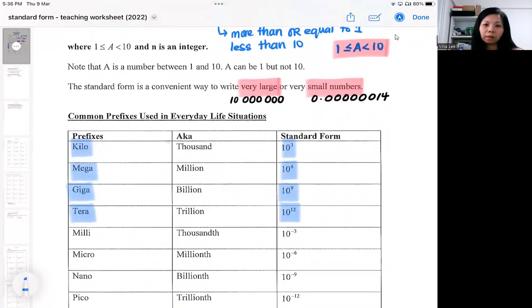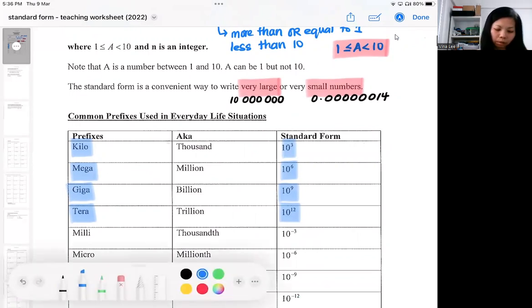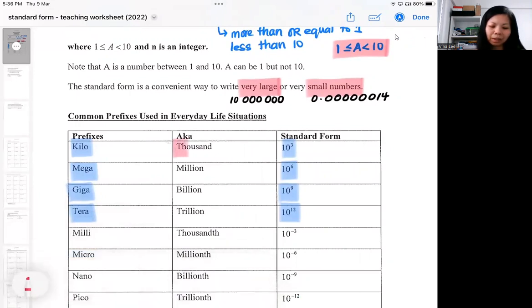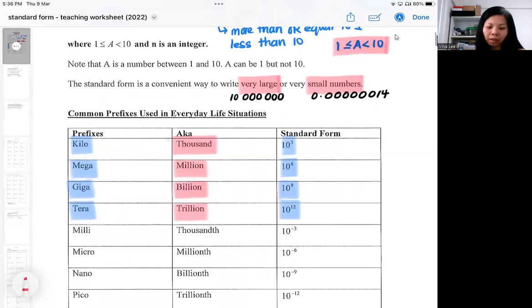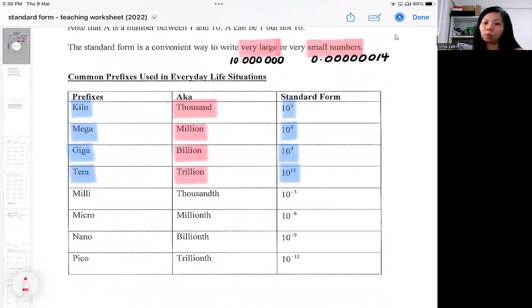The power is 3, 6, 9, 12. Your syllabus will only cover 3, 6, 9, 12 for the positive power. When we say kilo, it's also known as thousand. Mega is known as million. Giga is known as billion. Tera is known as trillion. They are the same prefix, it's just that we can call them differently. So the syllabus covers 3, 6, 9, 12.